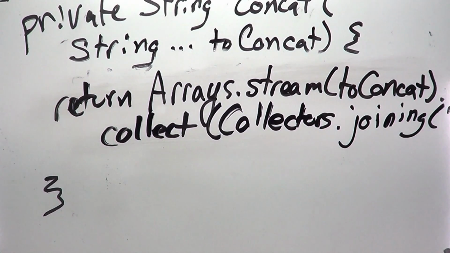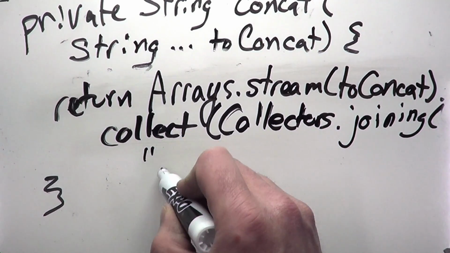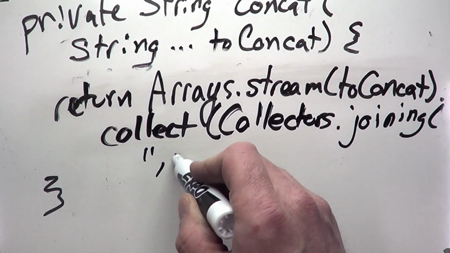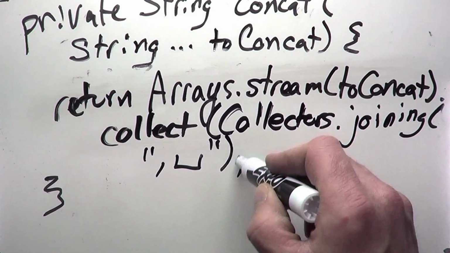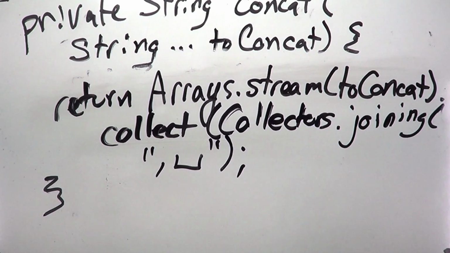You know, pass in just the delimiter that you want. So in this case, if we want to preserve the one that we just did, just comma with a space, like that. That'll do it. We need another parenthesis there to end the collect.